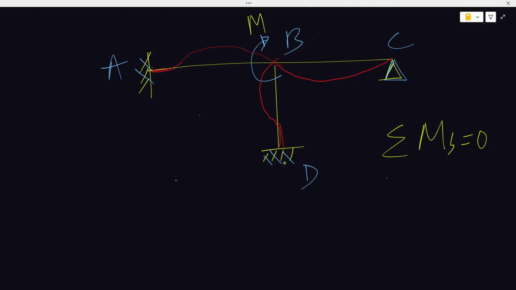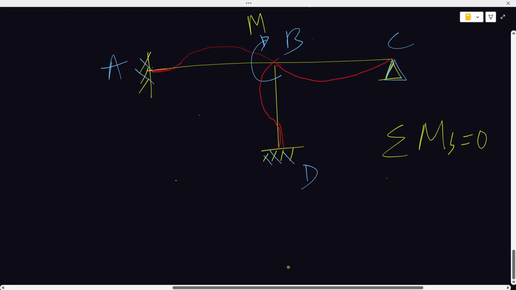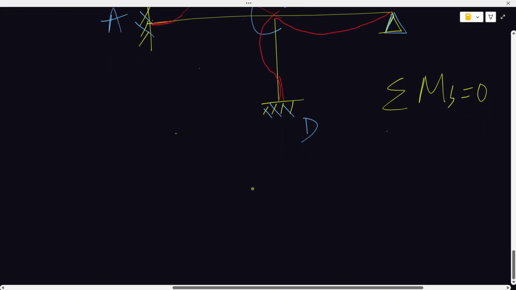I'm that guy that loves his counterclockwise direction to always be positive and his clockwise direction to be negative for member end moments. While for joints, due to Newton's law, what was counterclockwise in member end will now be clockwise, and that's why we have a clockwise there. But let me show you something.